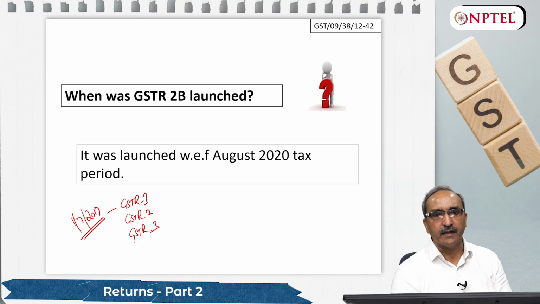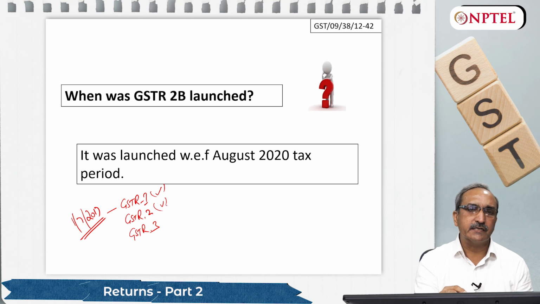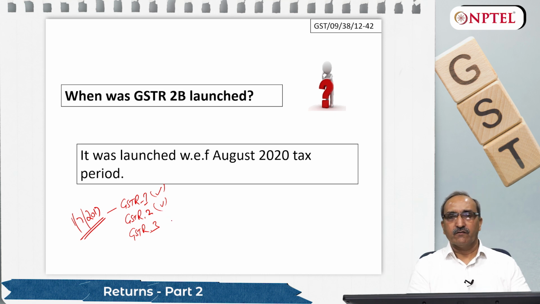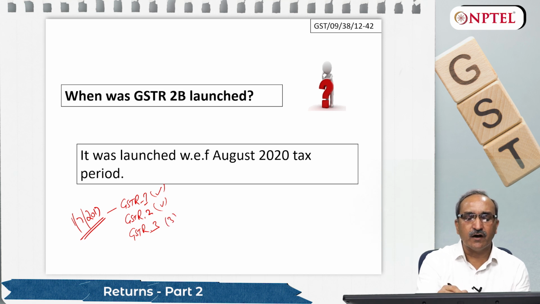This was the original plan under GST. GSTR 1 was your outward supply detail. GSTR 2 was your procurement details, meaning whatever you have procured during the period. And GSTR 3 was accumulation of these two plus cash payment of your taxes.